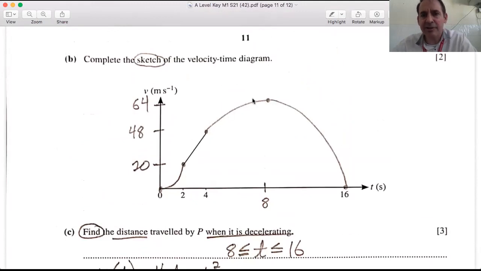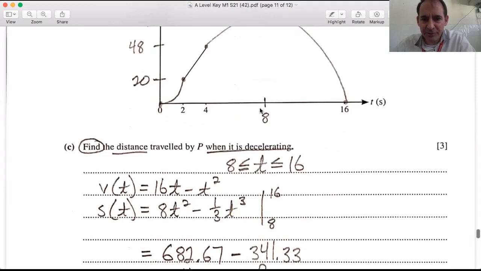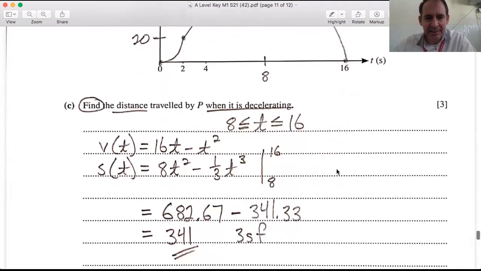It's still accelerating until it reaches the 64 meters per second, at which it stops accelerating and then starts to decelerate. Now we have negative slope. So it's starting to slow down until it reaches 0 meters per second. So we want the interval from 8 to 16.